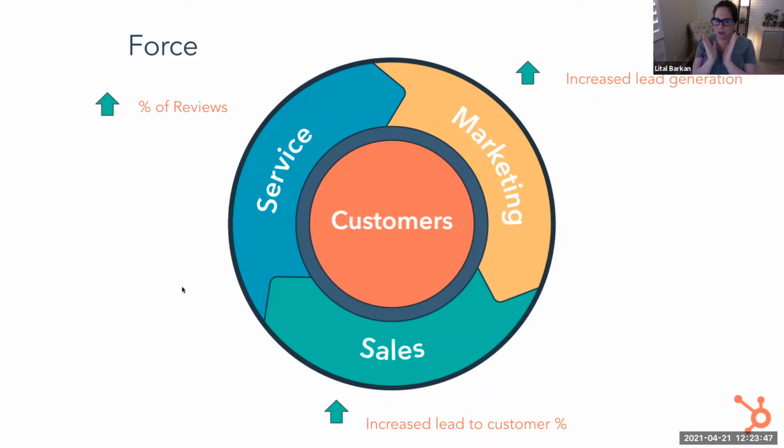That was the only way when we were talking about a funnel. You have to pour more in the top. But you can also improve your sales processes to increase your lead to customer conversion rate. On the service side, you can increase your percentage of reviews, or the good reviews. That all adds force to your flywheel.